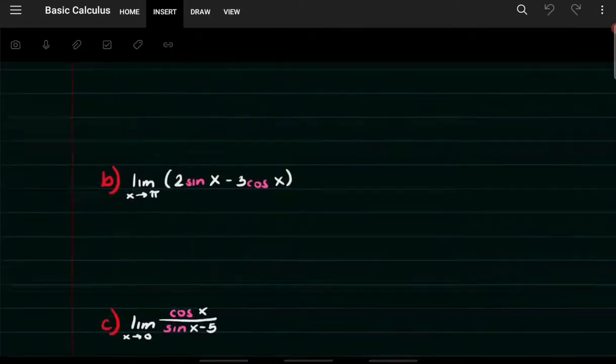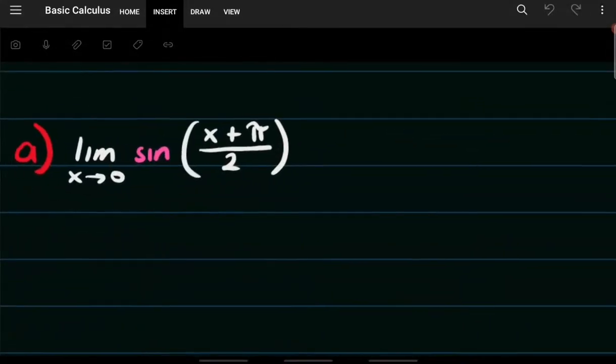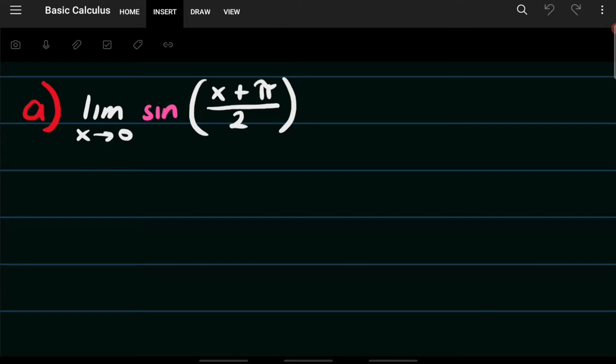All right, so I have here examples letter A to letter E, and we have additional examples in our presentation. Let's start with example letter A. Evaluate the limit of the trigonometric function: limit of sine of x plus pi all over 2, as x approaches 0.